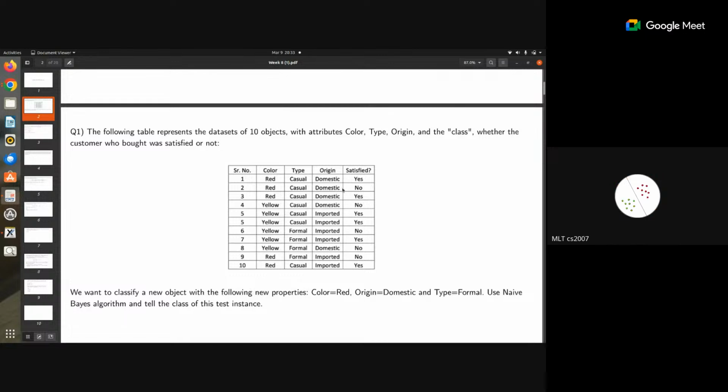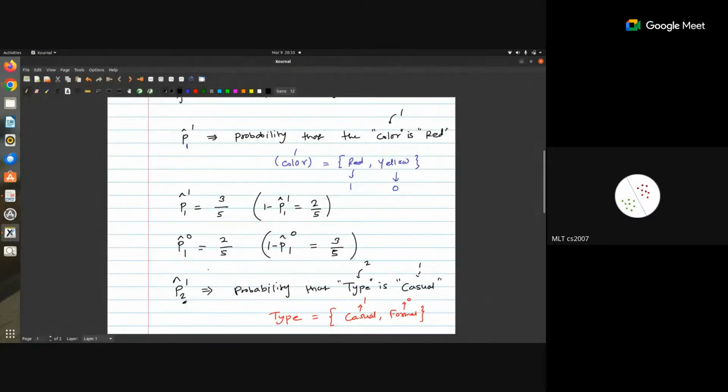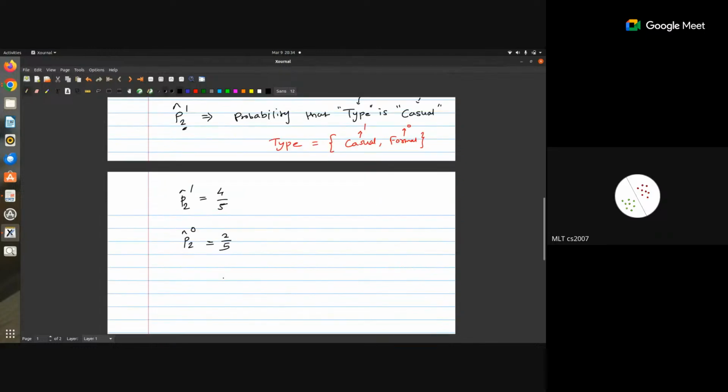Similarly, P2 hat 1, the second feature, is whenever the label is yes, the probability that casual will occur. And P2 hat 0 is when the label is 0, the probability that the type is casual. Is that correct?